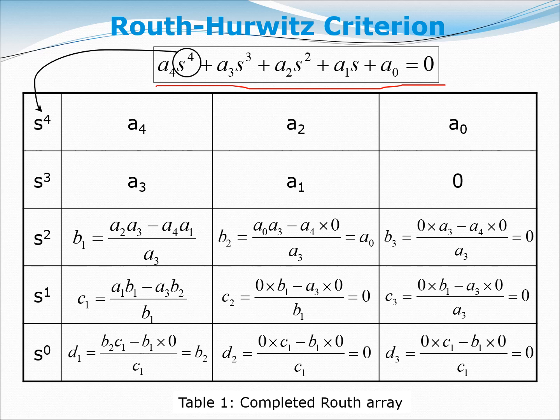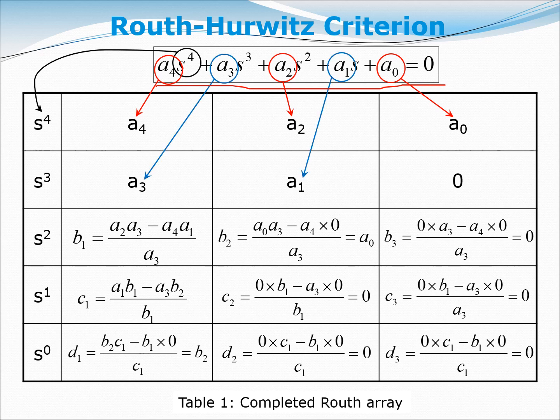Next, we fill in the first row of this table, where the first row is the even terms, starting with a4, which is multiplied with s to the power of 4. So the even terms are a4, next a2, then a0.